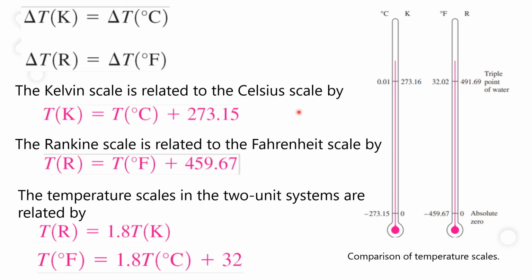The Kelvin scale is related to the Celsius scale by this equation, and the Rankine scale is related to the Fahrenheit scale by this equation. The temperature scales in the two unit systems are related by this.